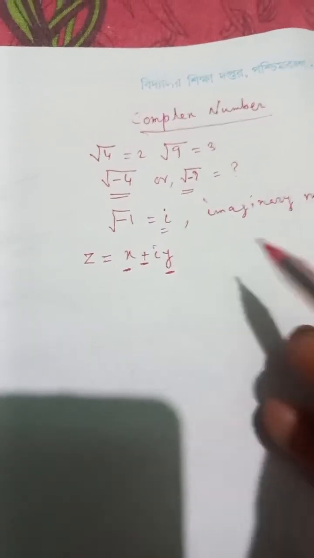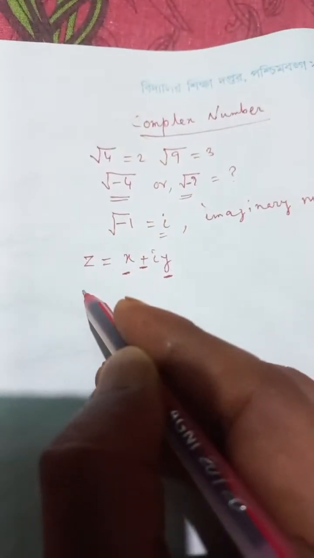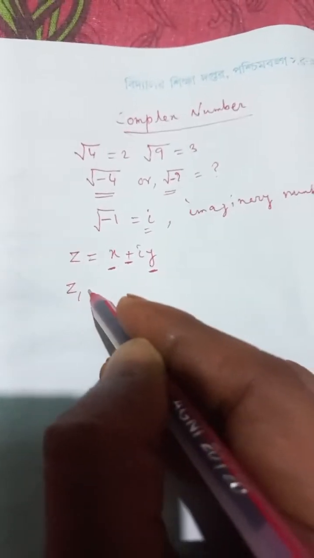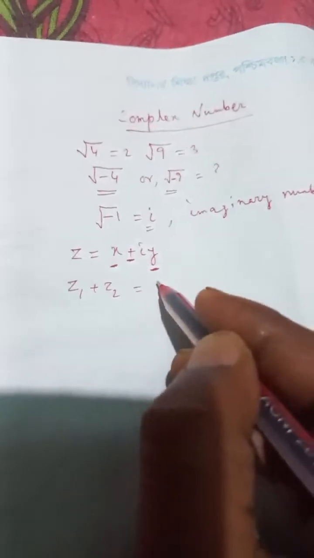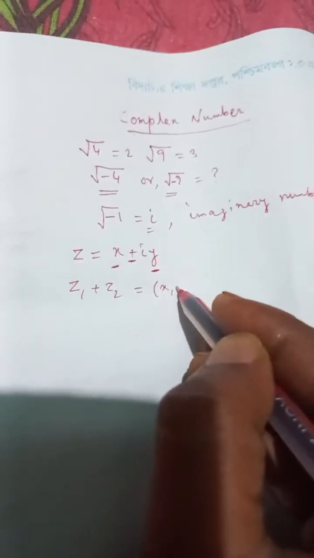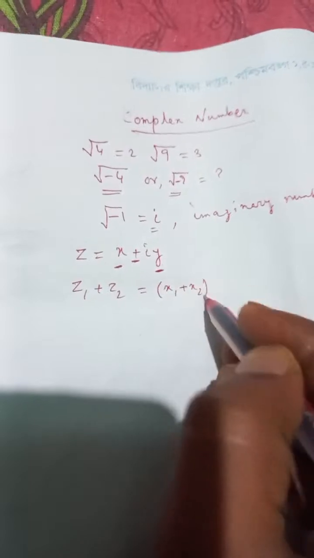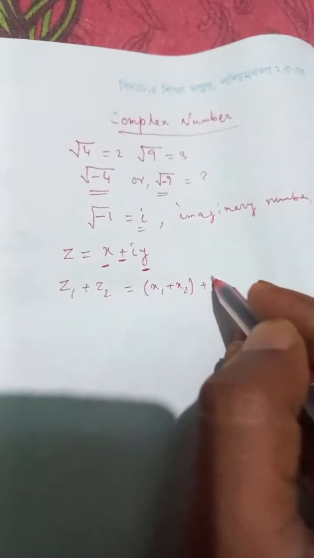Now we can add two complex numbers also. How can we add two complex numbers? We add the real part with the real part and the imaginary part with the imaginary part.